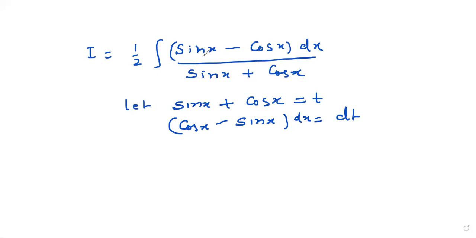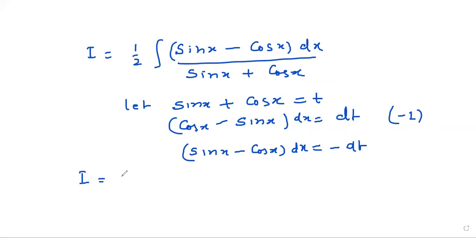We have just the opposite: here sin x is positive, cos x is negative. If we multiply both sides by minus 1, we will get (sin x minus cos x) dx equal to minus dt. So our question becomes I equal to minus 1 by 2 integration dt upon t.